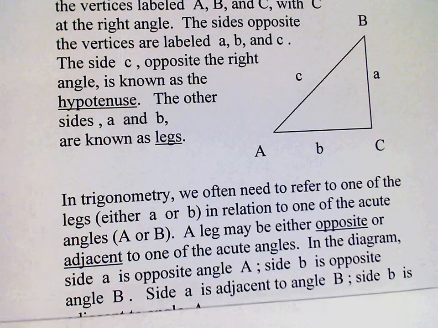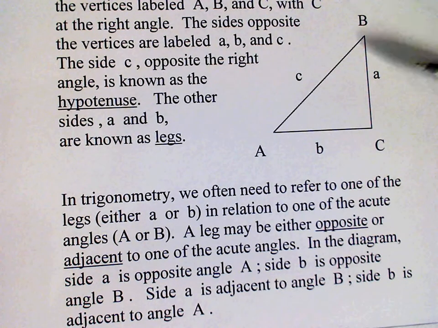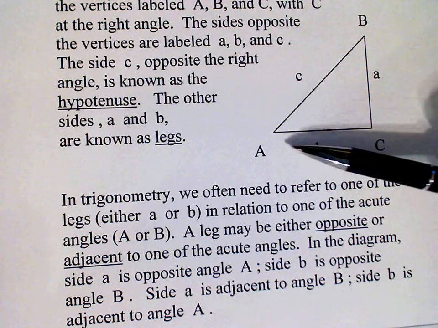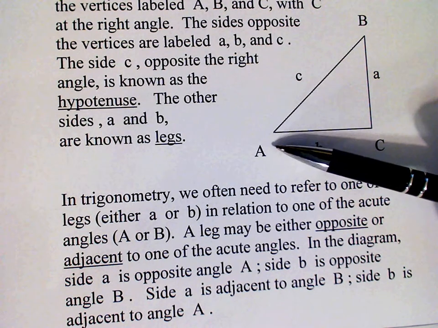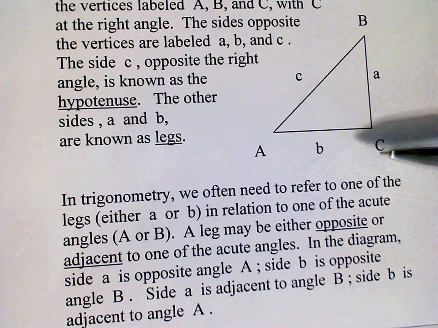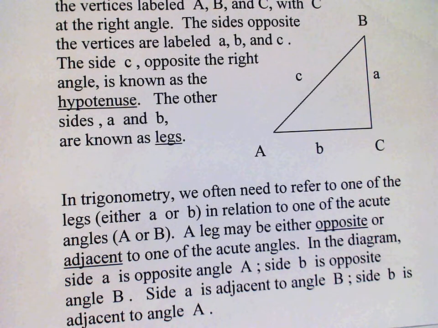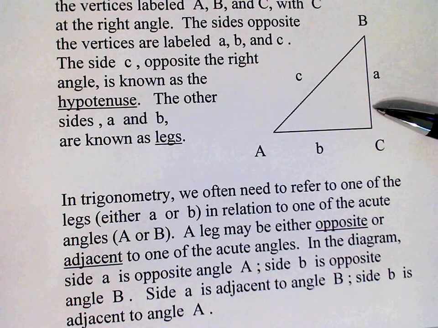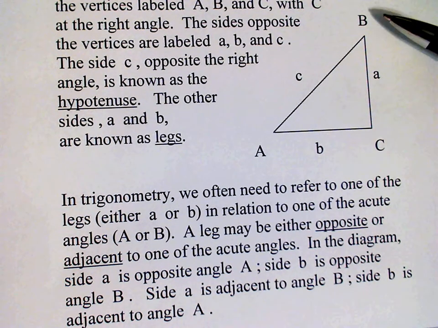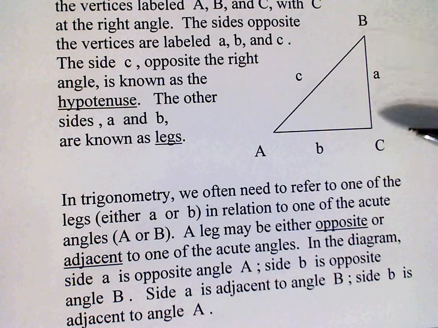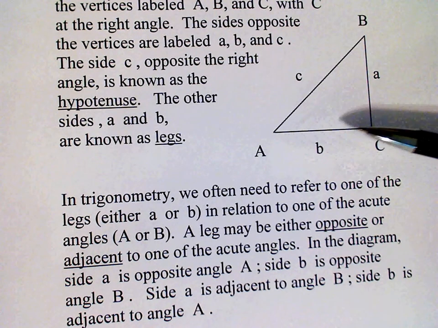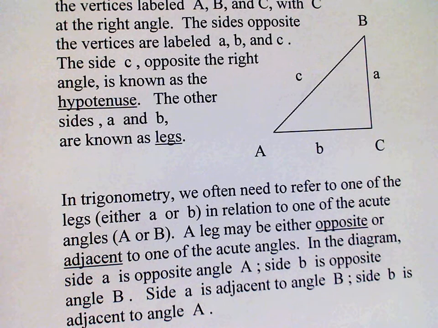Now in the diagram, we have side a opposite angle A, and side b is opposite angle B. On the other hand, side a is adjacent to angle B, and side b is adjacent to angle A.